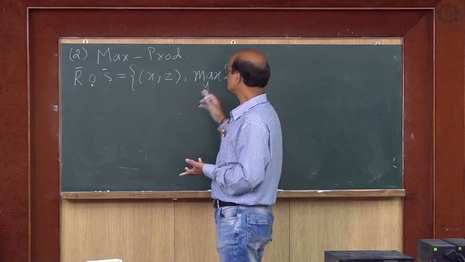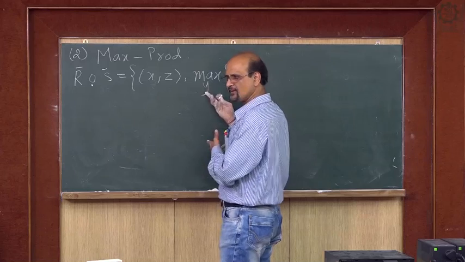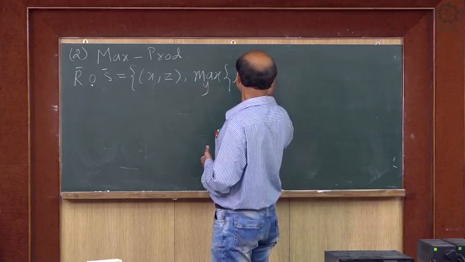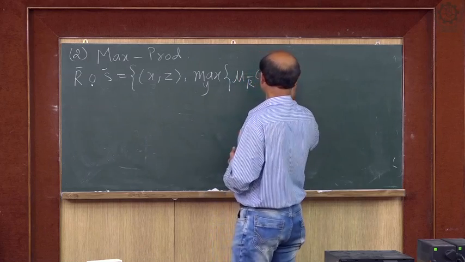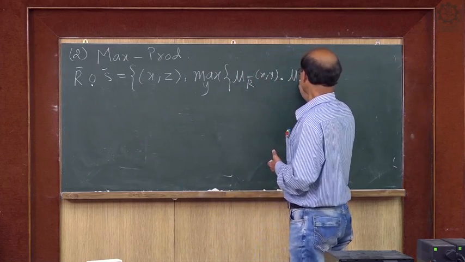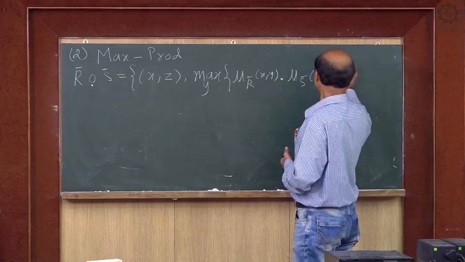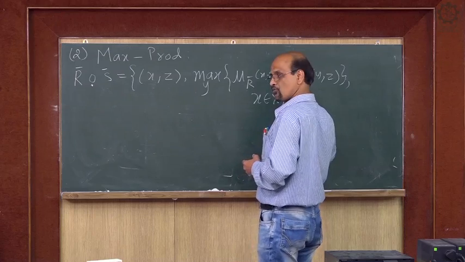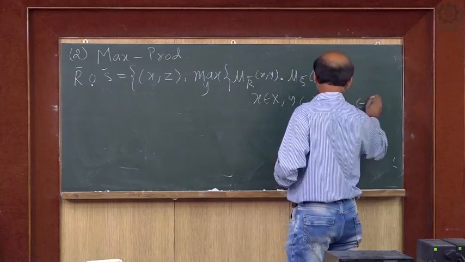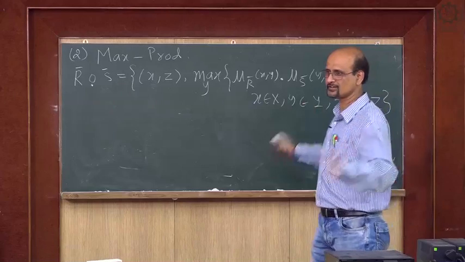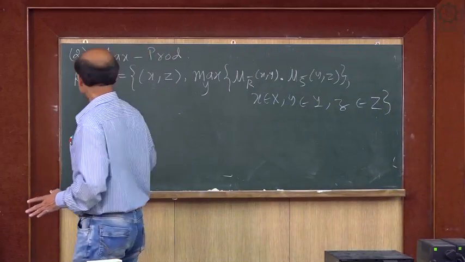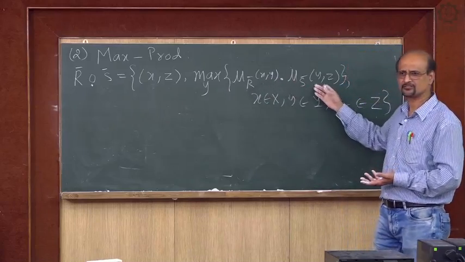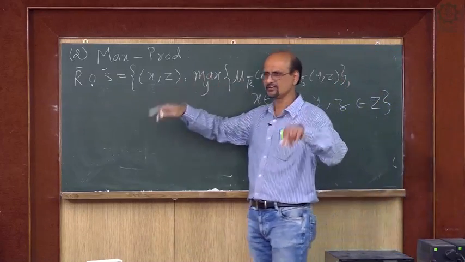There it was minimum, so I took minimum for max mean, here max product. So, product means mu r bar x y dot mu s bar y z. Okay? And I forgot to write, x belongs to X, y belongs to Y, and z belongs to Z. This should be written for completeness. Okay? So, this is the same, you have R, you have S, there we are taking minimum, here product, then take the maximum, you will get the relation.